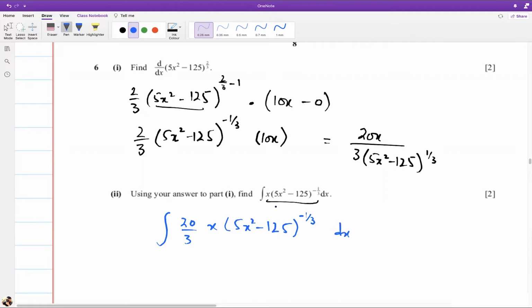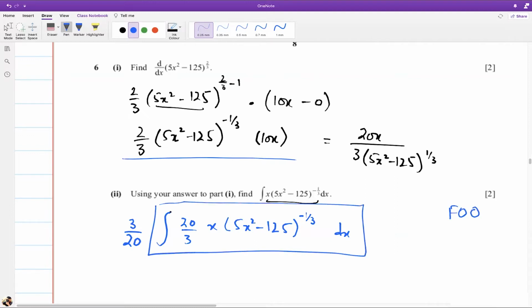And this looks surprisingly like this whole thing, the one that we just had. Problem is कि 20/3 मैं अपनी तरफ से ला नहीं सकता, तो मैं 3/20 से उसको मल्टीप्लाई कर देता हूँ। That way overall मैंने कुछ भी चेंज नहीं किया। अगर मैंने 20/3 से अंदर मल्टीप्लाई किया है तो मैंने उसके reciprocal से मल्टीप्लाई कर दिया, which means overall I have just multiplied by a form of 1. And now this portion, this whole portion, I can simply say that this is equal to this.